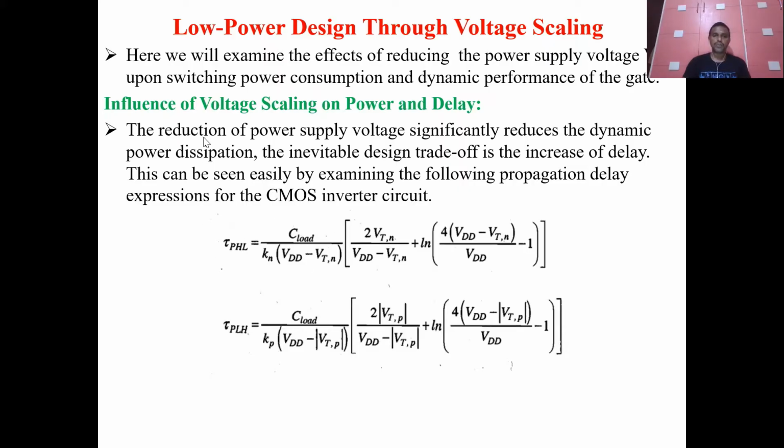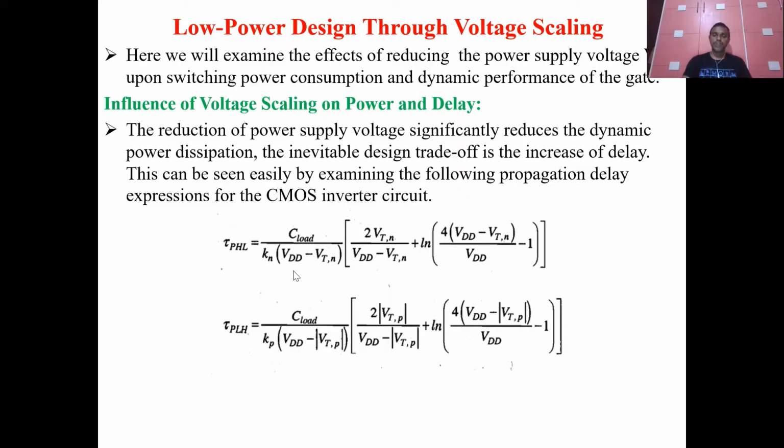That is what I have mentioned here. Reducing the power supply voltage significantly reduces the dynamic power dissipation, but the inevitable design trade-off is that it increases the delay of the circuit. So we can reduce the power consumption by reducing VDD, but another problem we get is that the propagation delay increases as we decrease VDD, because it is present in the denominator.